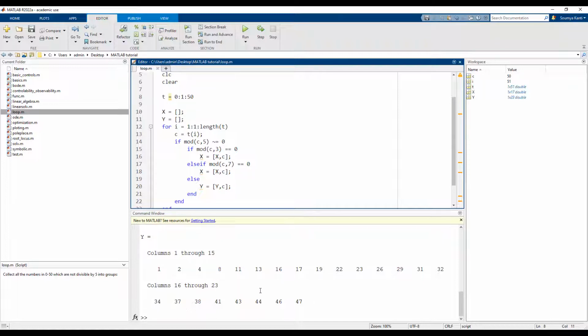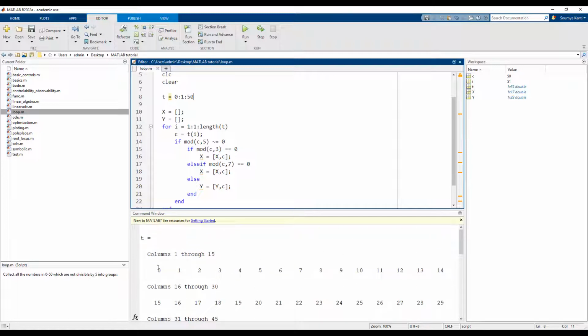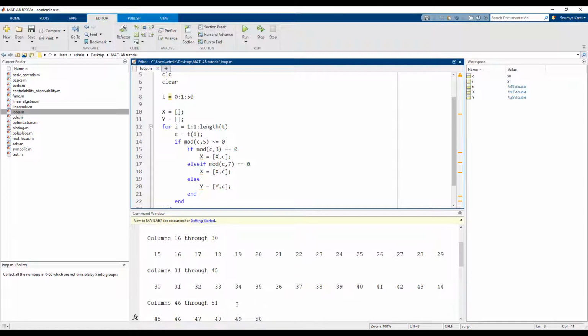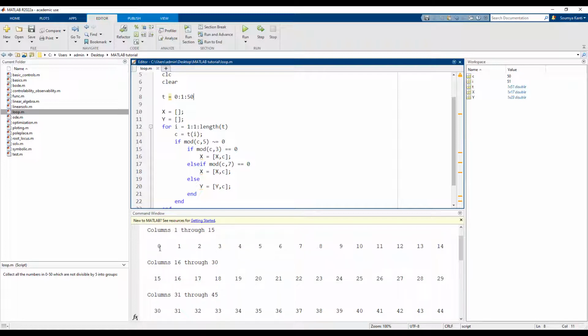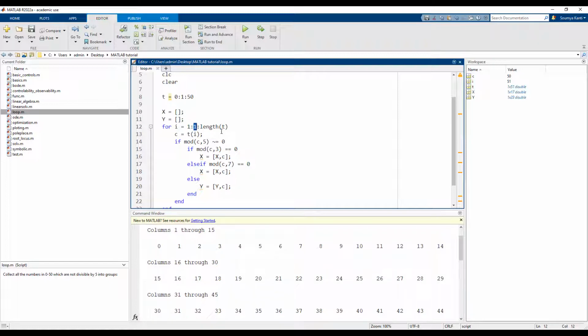This t is the vector. It starts from 0 till 50, and I have specified the step size as 1, so it goes like 1, 2, 3, 4 like this.